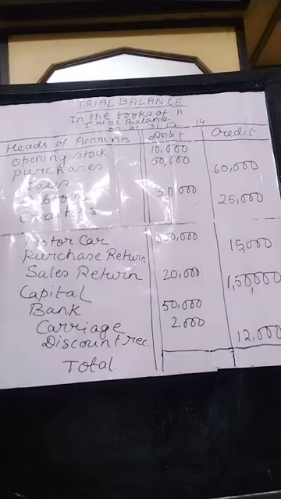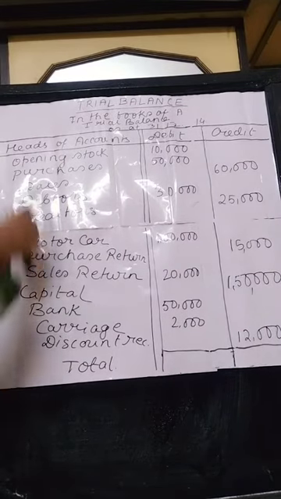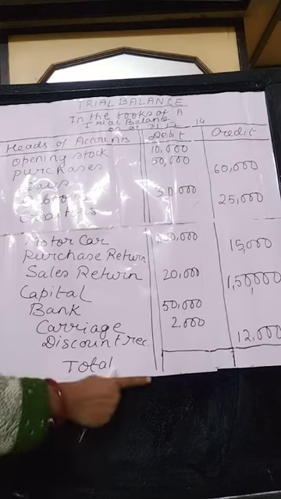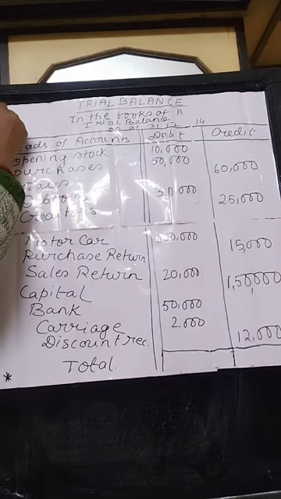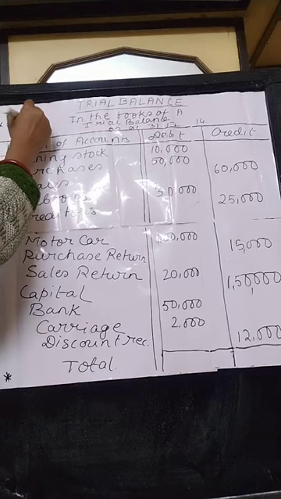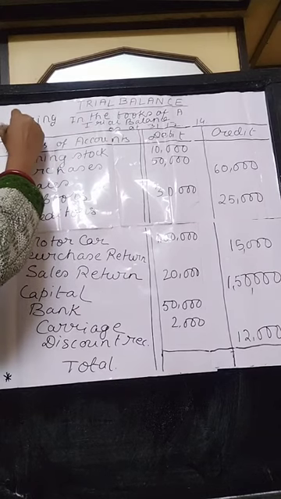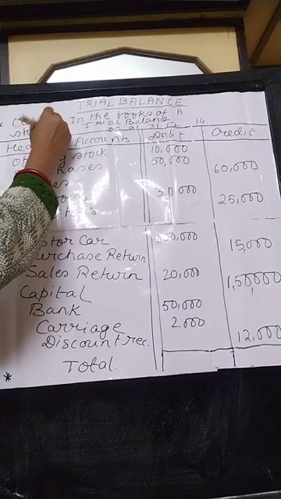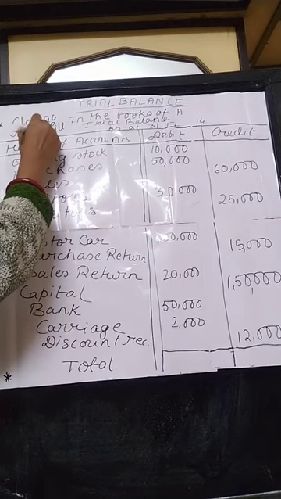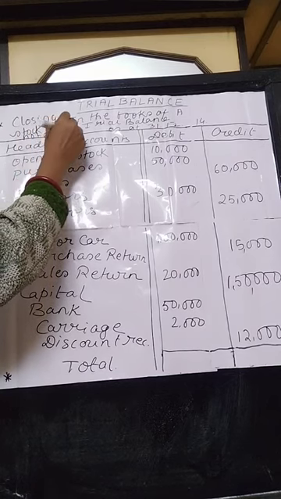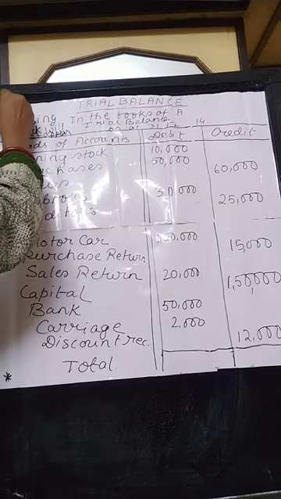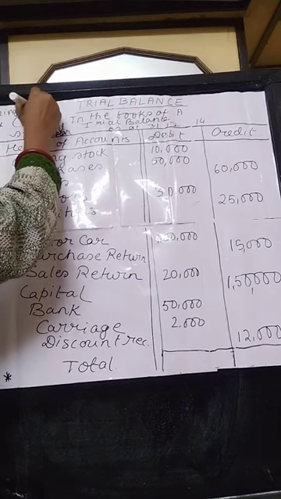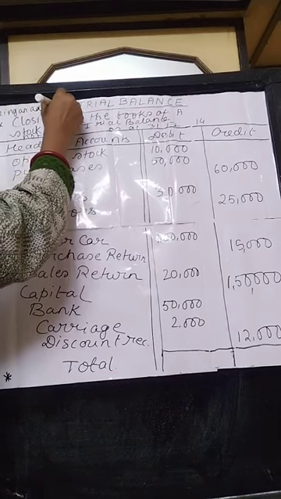And at the footnote, when the sum is ending, as a footnote we will write, I will show you later on. I don't have space over here. At the end of the sum, you will just write that closing stock will not appear, being an adjustment entry.